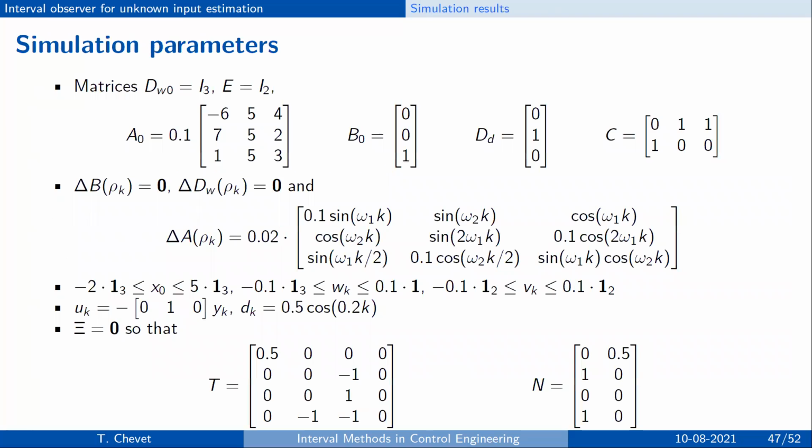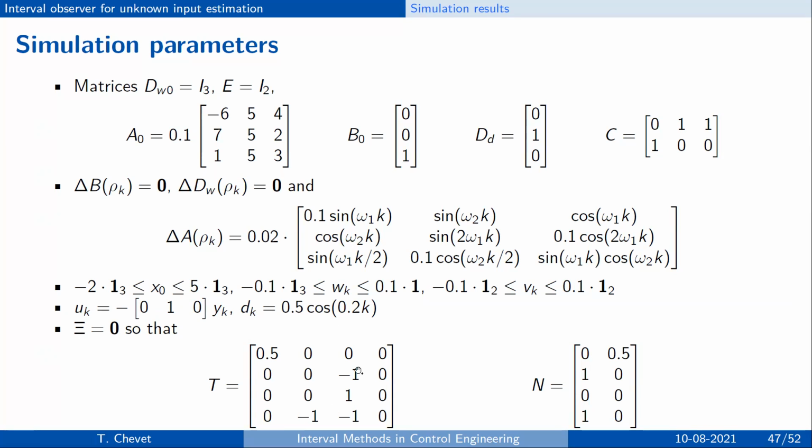Again, we tested this strategy on a simulation scenario with these matrices. Here we have the fixed part of our matrices, and here the time varying part. We have the necessary bounds on the initial state vector and on the perturbation and noise. We have this output feedback controller here, and again a sine wave as the unknown input.